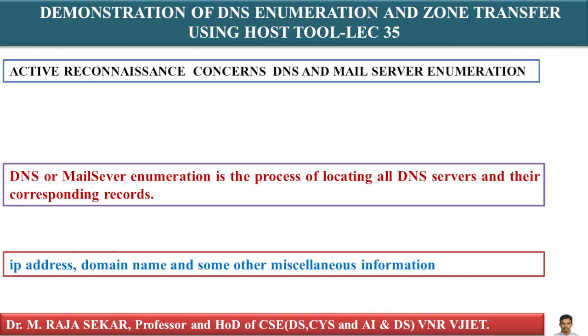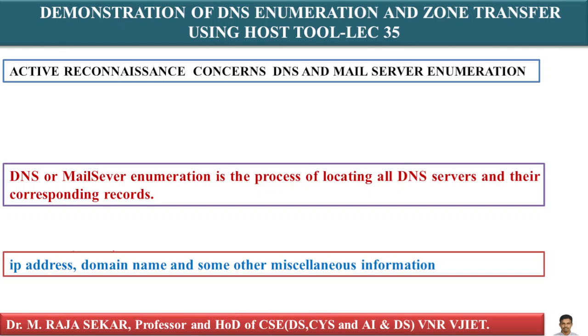If you can get access to the DNS servers, you can have all that information like usernames, computer names, their IP addresses, and so on. Some tables are maintained inside DNS servers where all this information is available.